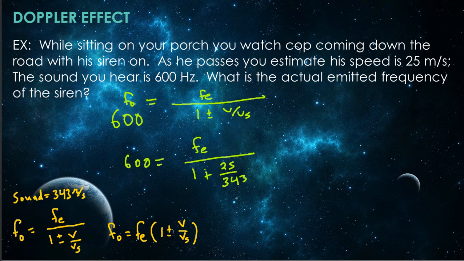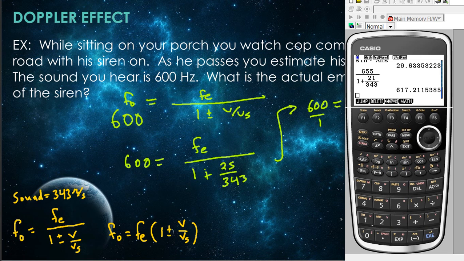So I'm going to do all of this bottom portion on the calculator, and now I'll continue my work up here. So we'll have 600 equals FE all over. I'm going to put this over 1 because in a minute we're going to cross multiply. So I'm just going to do that bottom portion, 1 plus 25 all over 343. I'm going to want to keep a significant number of these decimal places because I'm not at the rounding stage yet.